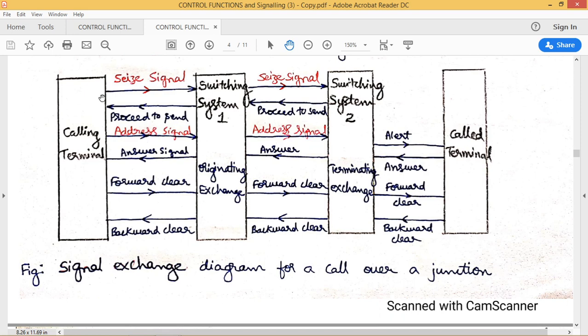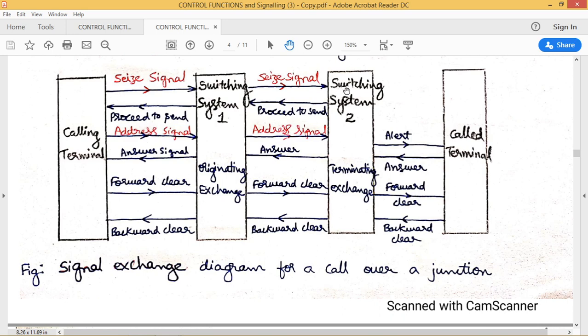So as previously defined, the calling terminal initially starts sending the C signal, or call request signal. This call request signal will be forwarded to its adjacent local exchange. That is, the C signal will be sent to the next local exchange.